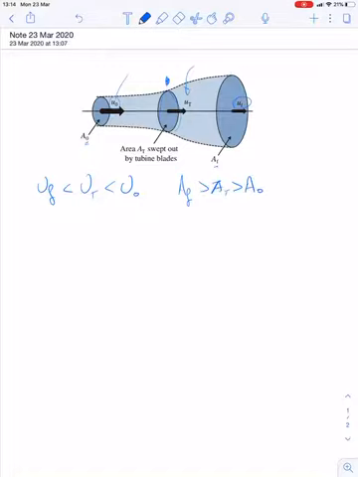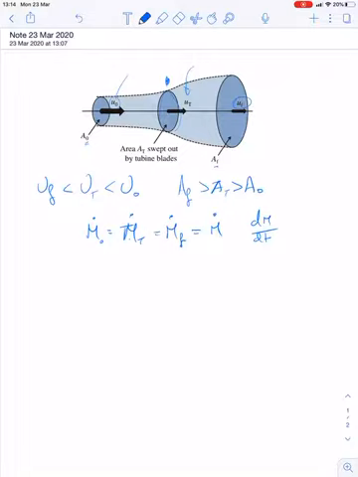These areas are defined so we maintain continuity of mass. So this means that m0 dot equals mT dot equals mF dot equals m dot, where m dot is dm by dt, our mass flow rate.